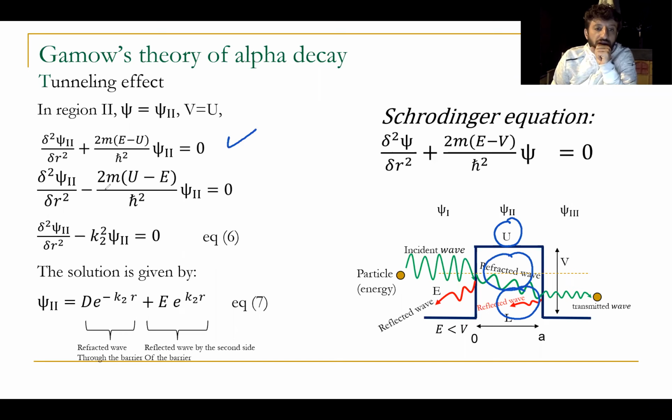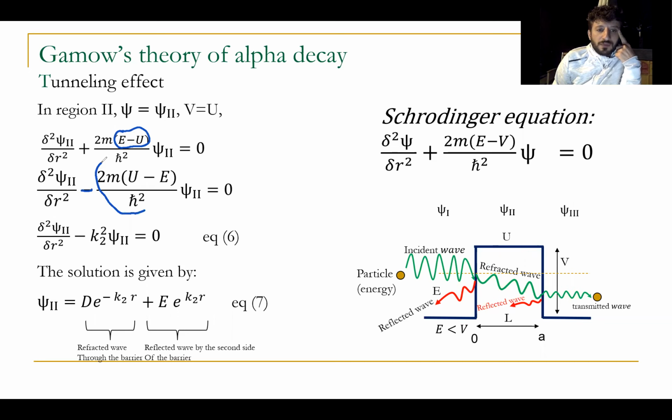Be careful, we have E minus U divided by h square. U is higher than E, so this value is negative. We can put minus outside and change to U minus E. We can say 2m(U minus E) divided by h square equals k2 square.